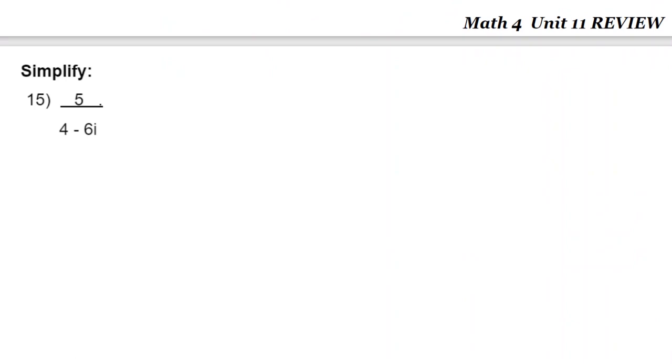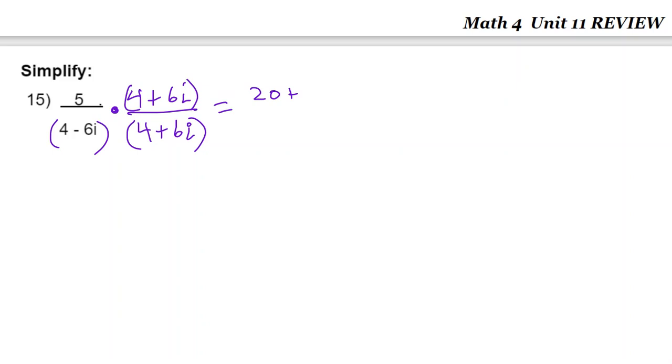Now this one, we're going to multiply by the conjugate, which is 4 plus 6i, which we're going to distribute across the top, 20 and 30i.